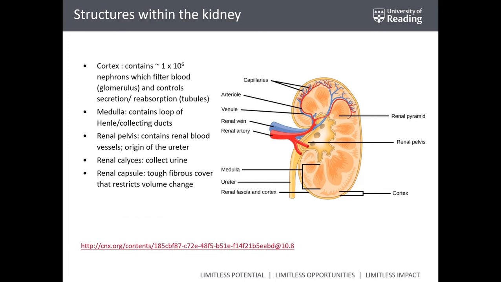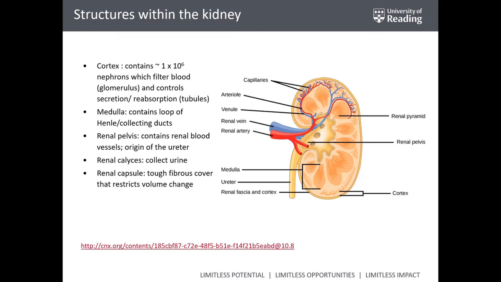The cortex contains around 1 million nephrons. The nephrons are the functional units of the kidney. They filter blood and they control secretion and reabsorption of substances. The medulla contains the loops of Henle and the collecting ducts.